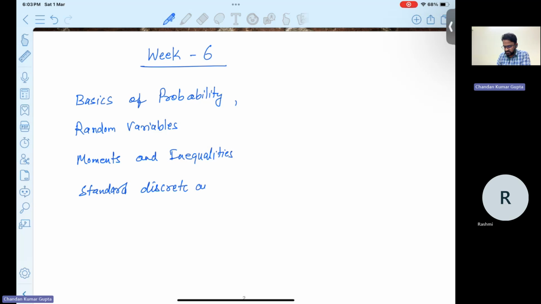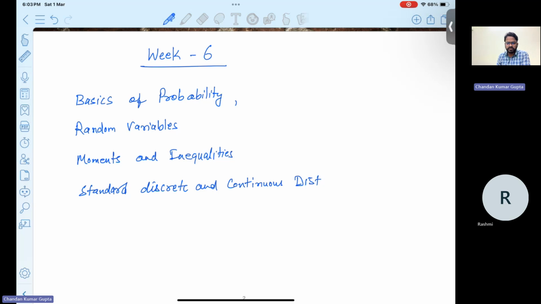For discrete, we discussed the Bernoulli, binomial, Poisson, geometric, and negative binomial distributions, and their properties and moments. We also discussed continuous distributions: the normal, gamma, beta, and Weibull distributions, and their properties.